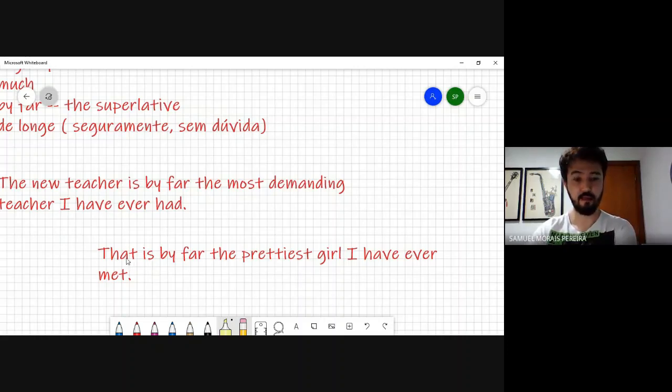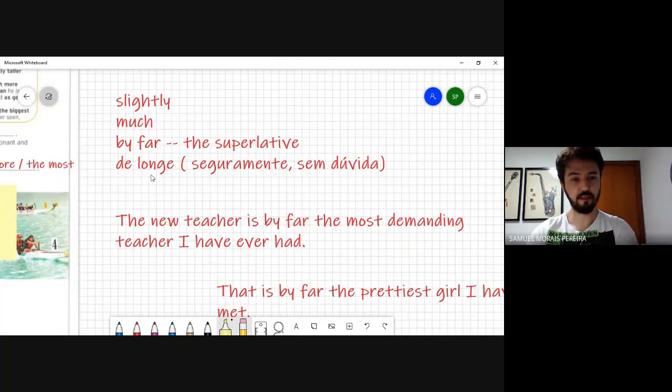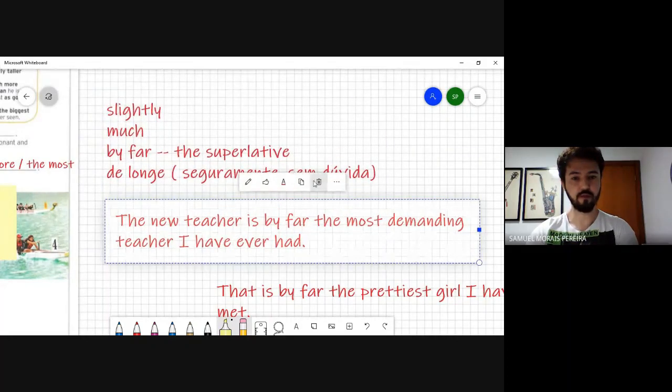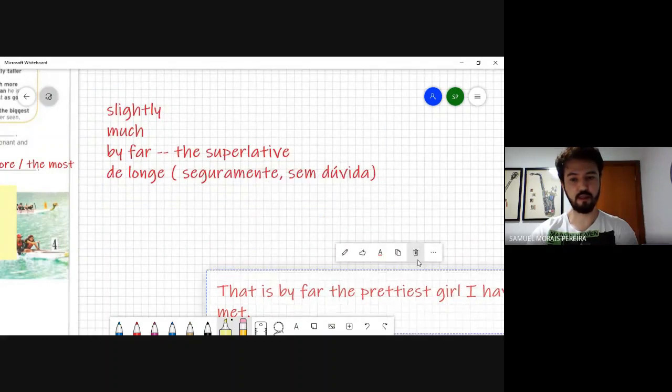Ó, aquela é certamente a garota mais bonita que eu já conheci. Ou então, aquela é sem dúvidas a garota mais bonita que eu já conheci. Então gravem isso, tá? Pay attention. Quando a gente usa by far com um adjetivo no superlativo, by far significa isso aqui, de longe, seguramente ou sem dúvida, tá bom? Now, let's talk about the use of much and the use of slightly.